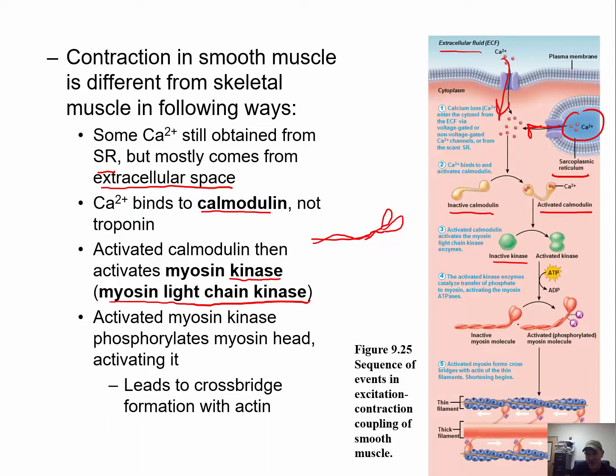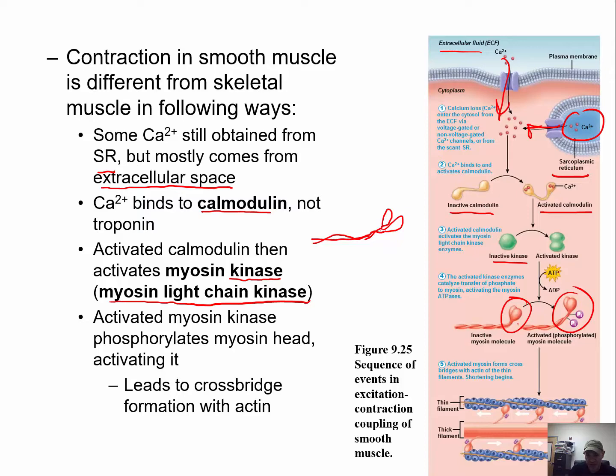Here we have an unphosphorylated myosin head, and once we activate this, the ATP now phosphorylates the head and activates the contraction. So now the myosin heads can bind to the thin filaments and pull on the thin filaments in that same kind of cycling that we see for the cross bridge formation in skeletal muscle.